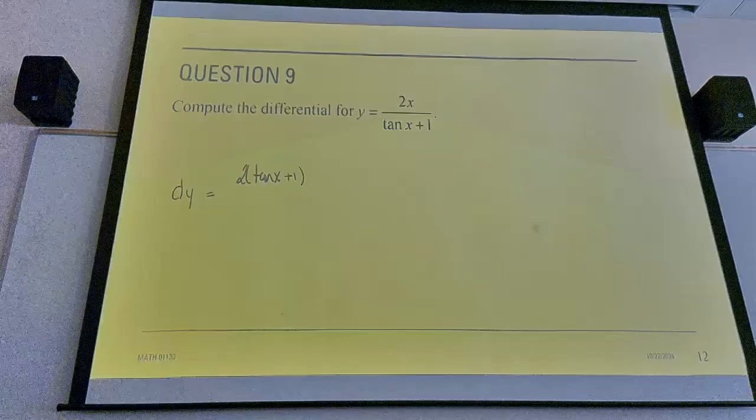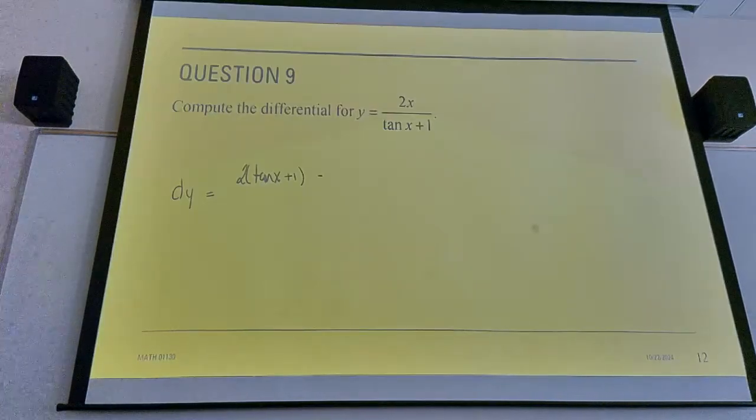Secant squared x. There we go. Tan x plus 1 squared, like that. With parentheses around it.